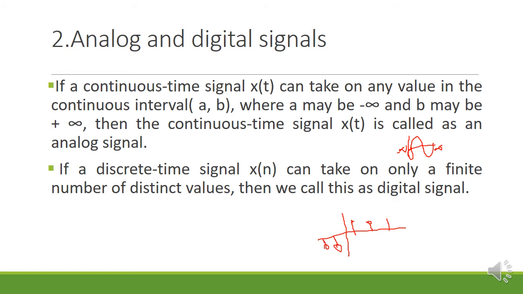Here you have some values as minus 1, minus 2, and in the positive quadrant 1, 2, 3, and here it may be minus 1, minus 2. This is what a discrete time signal, x of n, means: only a finite number of distinct values.